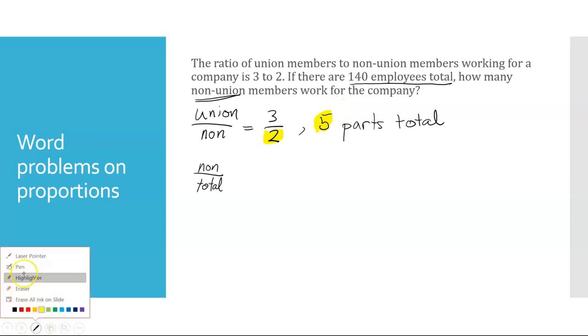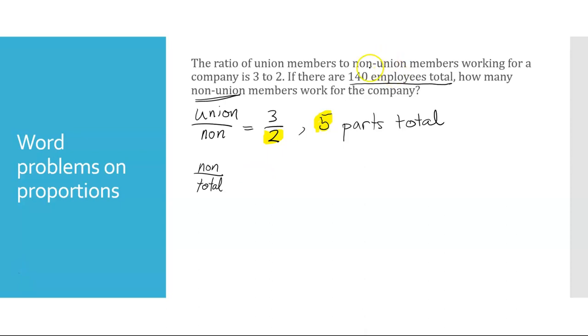And then for my actual numbers, I'm going to be using 140 and n. Non-union divided by total means we have 2 non-union members out of 5 members in all, for every 5 members. Since the 5 has to do with the total and it's in the denominator, this 140 also has to be in the denominator. And I'm just going to put an n for the number of non-union members. Now our proportion is set up.